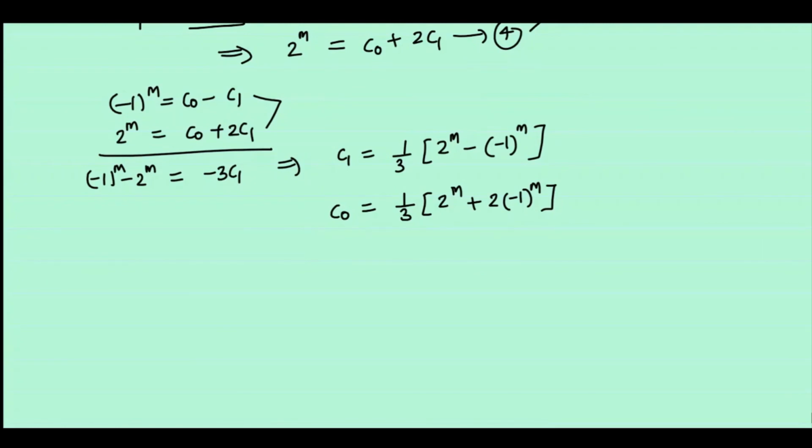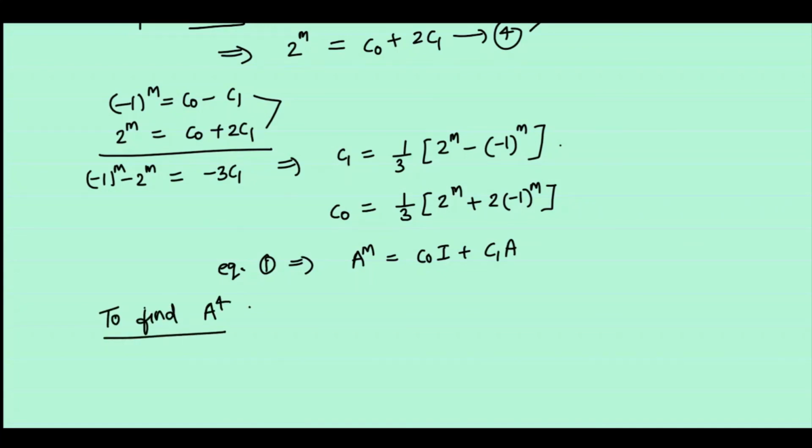So our equation 1 is A raised to m equal to C0 I plus C1 A, where C0 and C1 take these values. So suppose we want to find A raised to 4. What we have to do is put m equal to 4.